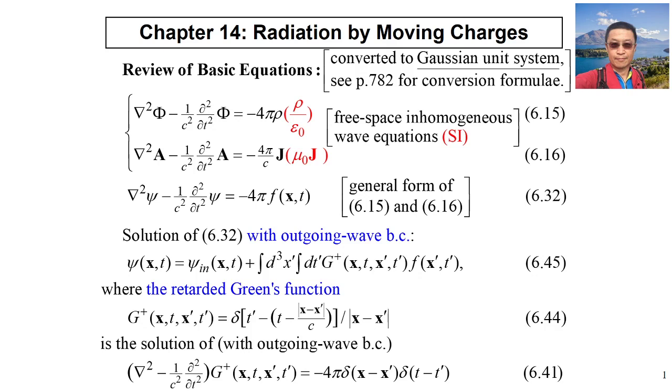The Liénard-Wiechert potential is a very famous potential because its form looks easy. Therefore, it's much easier to remember. However, the electric and magnetic fields derived from the Liénard-Wiechert potential are not that straightforward. So that part we will omit and skip because it's quite advanced. You can study it by yourself.